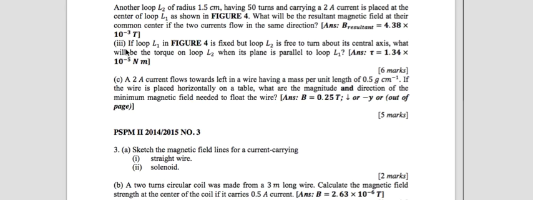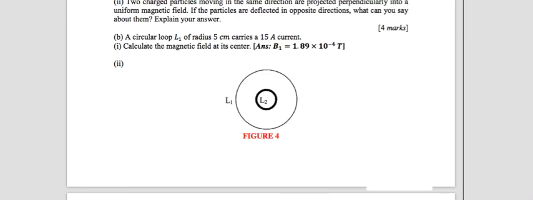Continue with number 3. If L1 in figure 4 is fixed but L2 is free to turn about its central axis, what will be the torque on loop L2 when its plane is parallel to the loop? Again, we refer to the diagram here. Now L2 is free and L1 is fixed.